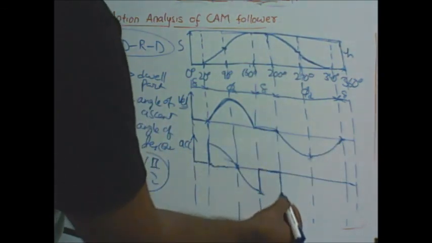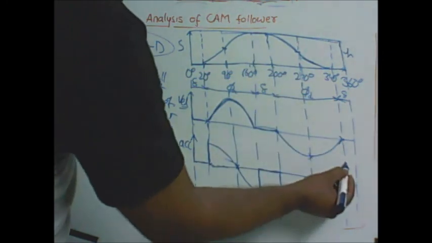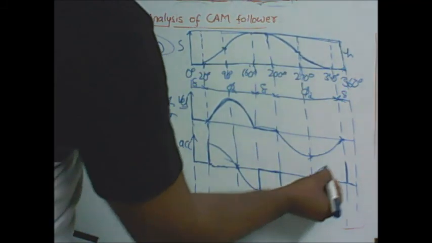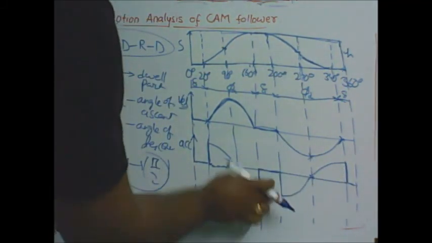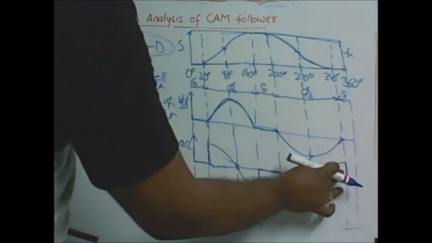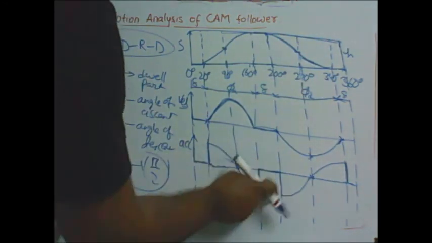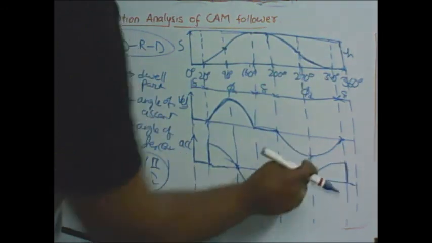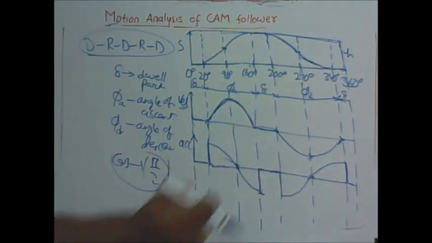So again acceleration is 0 at the midpoint phi d by 2. It is a cosine curve, at starting and ending it has maximum values of acceleration, only the sign changes, positive side and negative side. It is 0 at the midpoint, which is 90 degrees from the starting, I mean phi by 2.